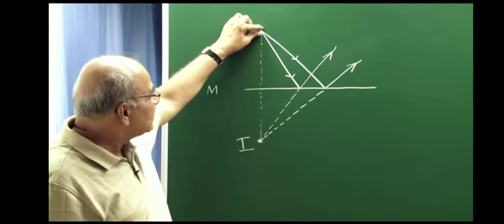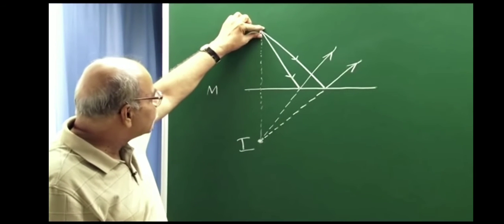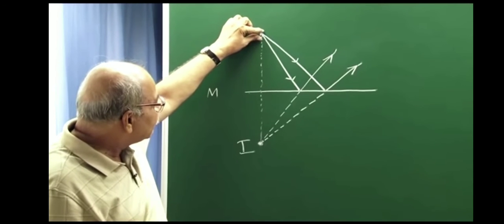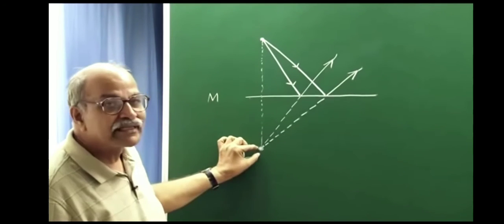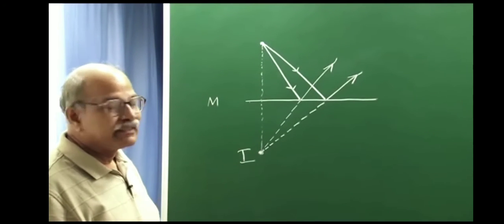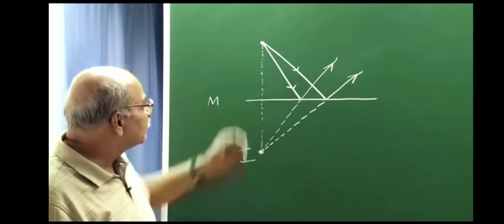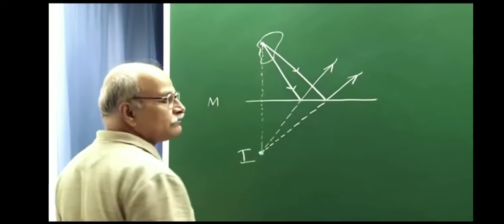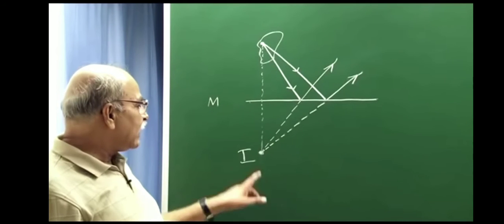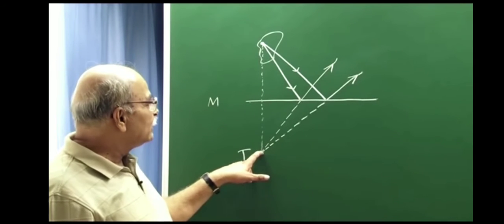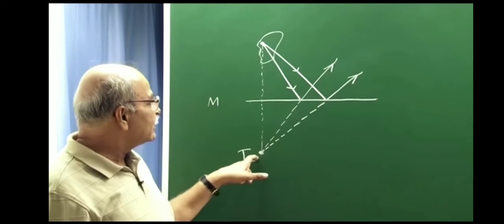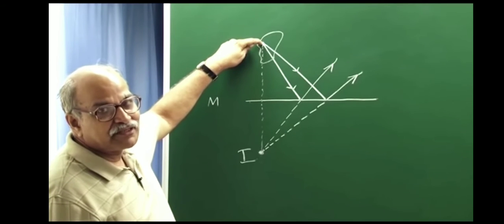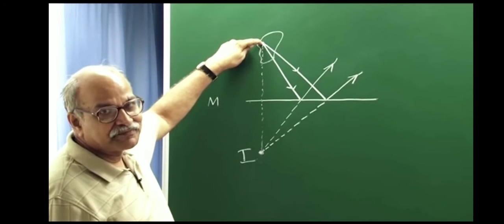So for this object here, all rays starting from here, after reflection intersect at one point, and this is the image of this object. And if you have an extended object, then at this point only those reflected rays will intersect which started from this point of this extended object.